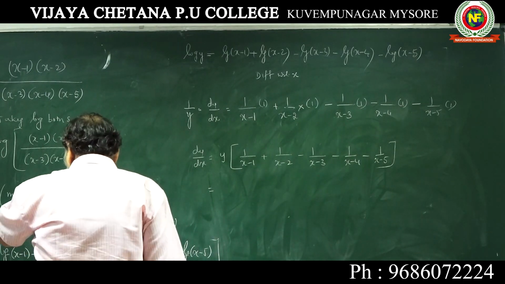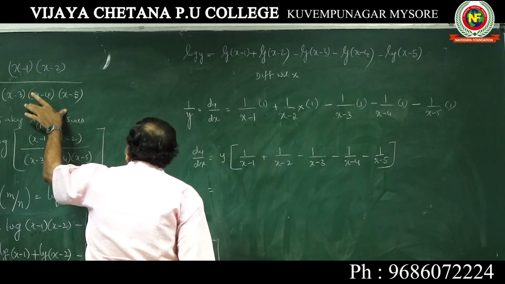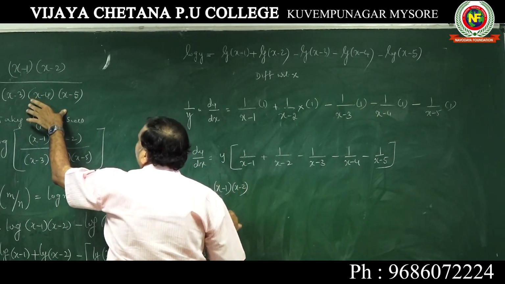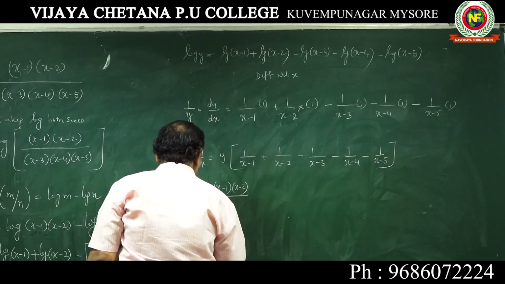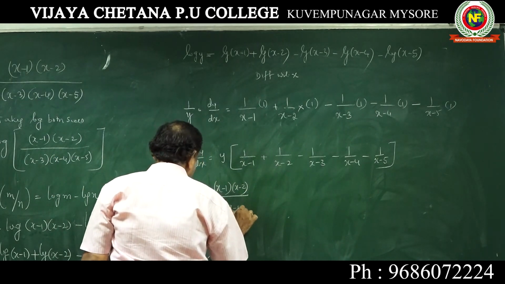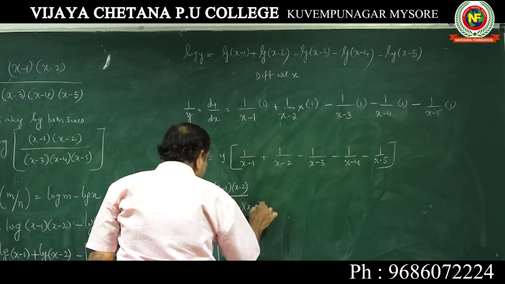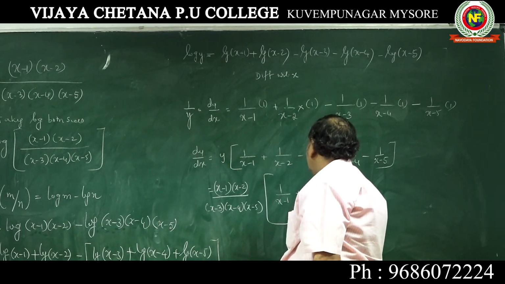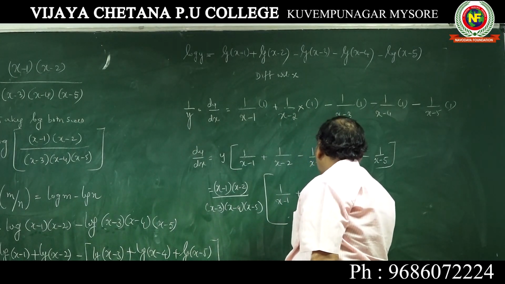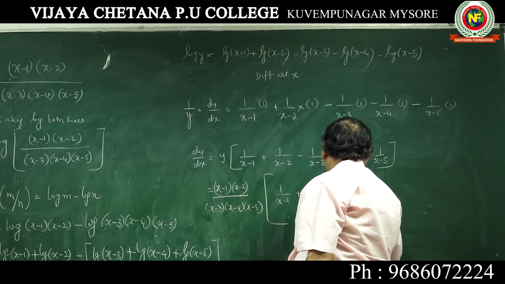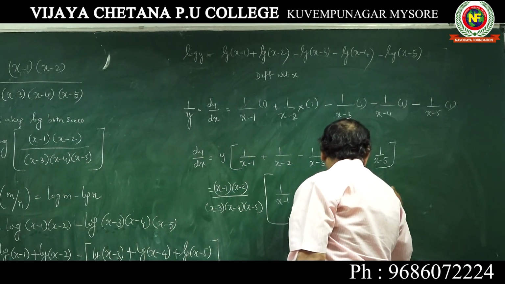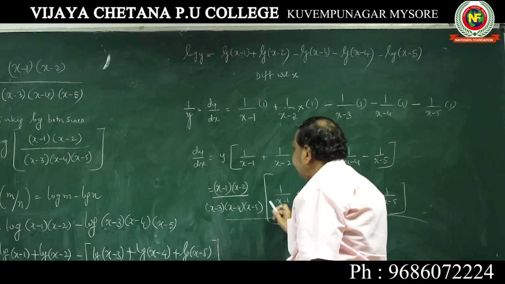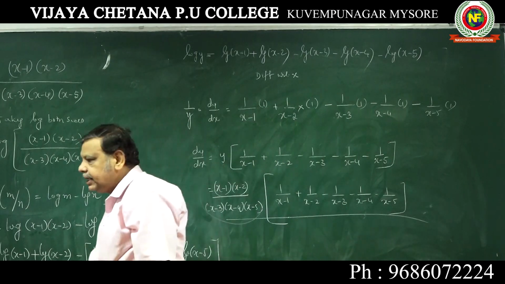If you want to substitute, you can substitute y as (x minus 1)(x minus 2) divided by (x minus 3)(x minus 4)(x minus 5), into 1 over x minus 1 plus 1 over x minus 2 minus 1 over x minus 3 minus 1 over x minus 4 minus 1 over x minus 5. That is the answer. You should write for y this much and then write the answer.